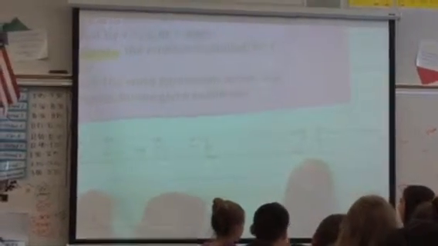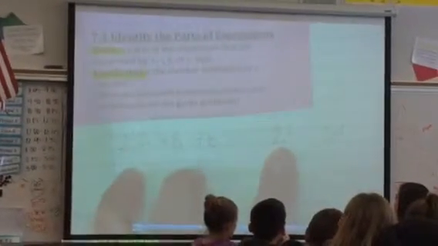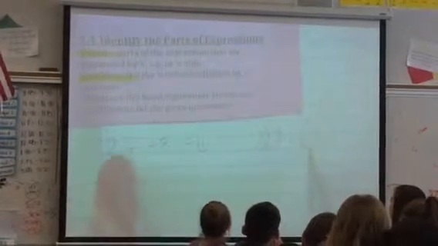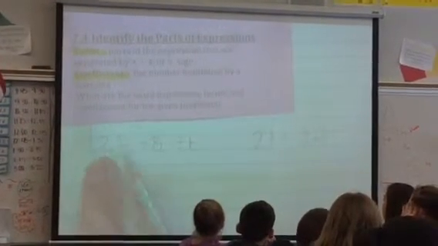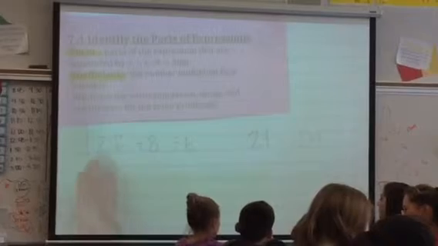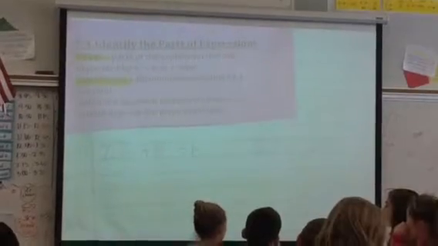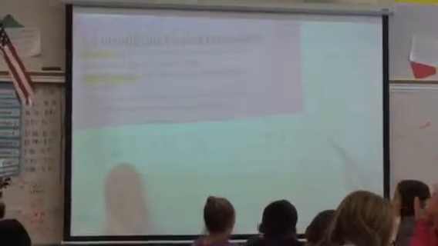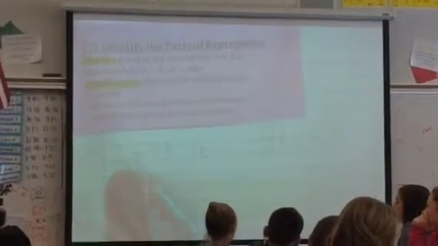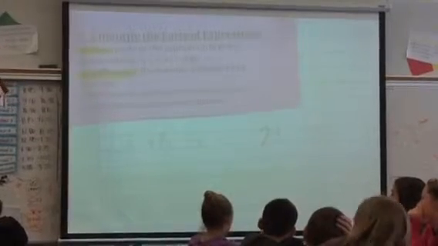So when you see 2F, it's really 2 times F. We're taking the variable F and multiplying it times 2. But in algebra, instead of writing 2 times F, we write it as 2F. Does that make sense?